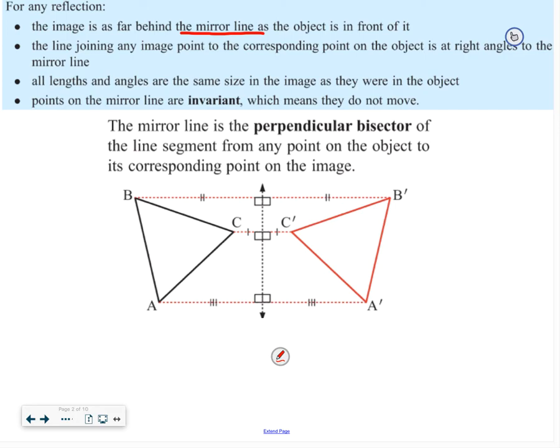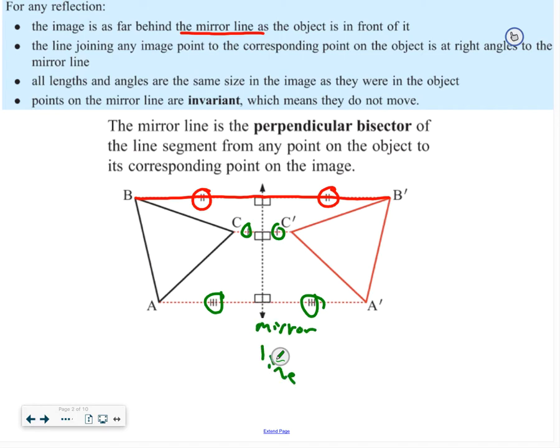So the mirror line to the original point B is the same distance as the mirror line to the image of B, and we can note that by all of our congruent markers on these line segments, where this black line here is our mirror line.